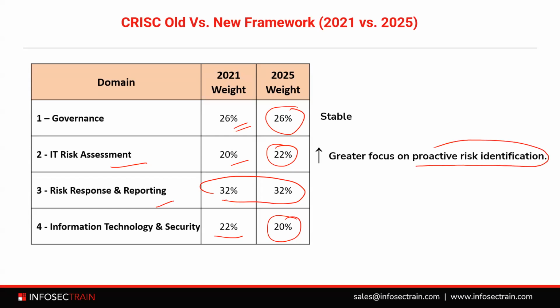Domain 3, there is no change, stable, but still the most weighted. The maximum number of questions will come from domain 3. Domain 4, information technology and security, there is a reduction of 2%, so they have slightly reduced the emphasis on the earlier topics. So this was a quick overview of SESSIC old versus new.